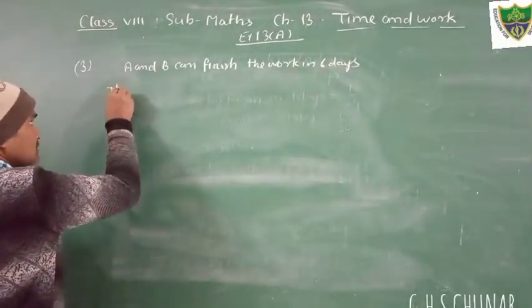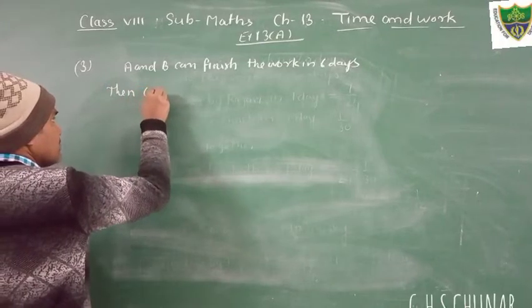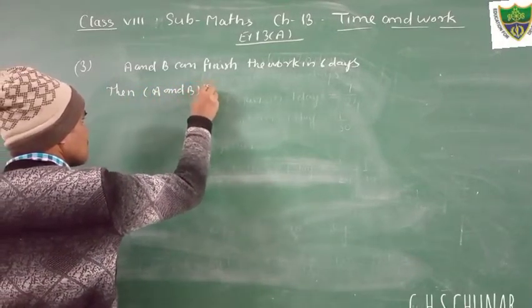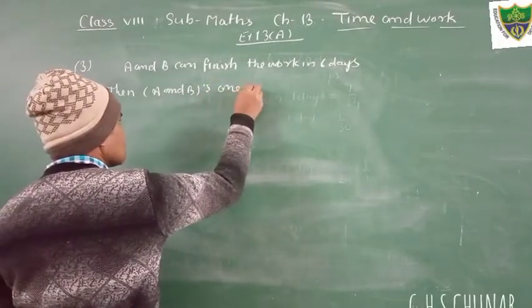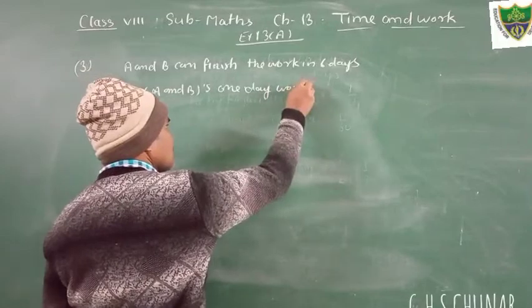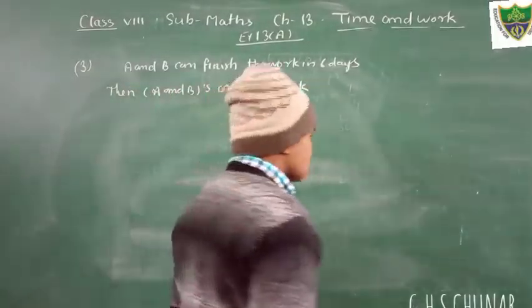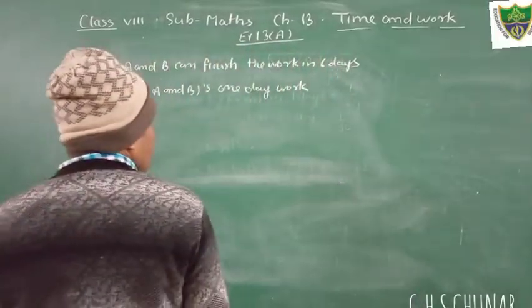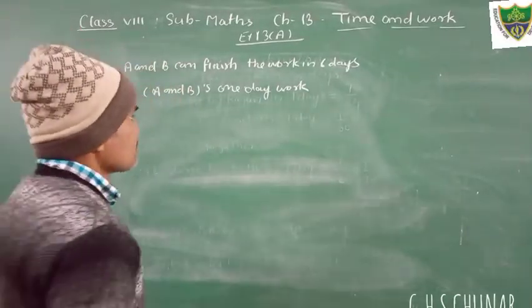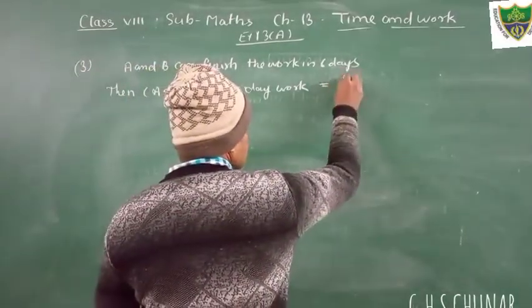Then A and B's 1 day's work, or you can say the work done by A and B in 1 day, is 1 upon 6.